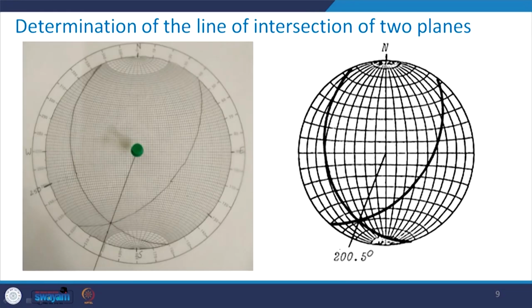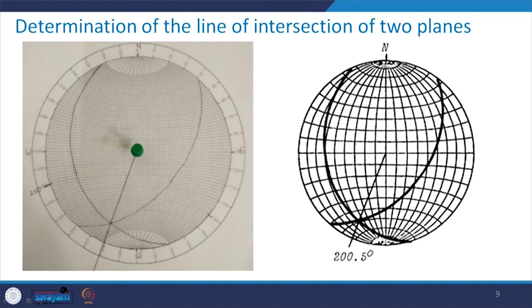Here I have drawn this line and the north is matching with 0 of the stereo net, south is matching with 180 degrees, and automatically the circle on the tracing sheet is on the circle of the stereo net. They are coinciding with each other.